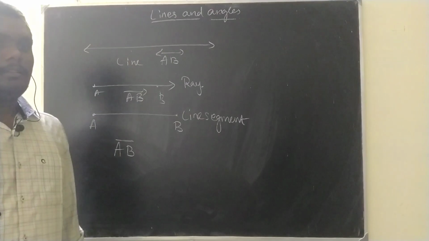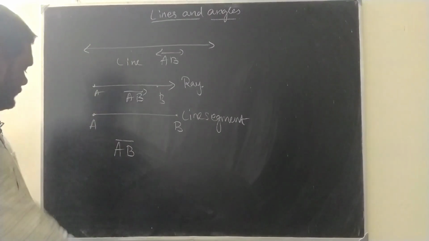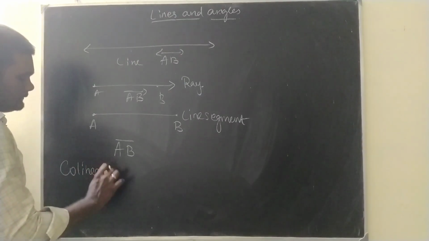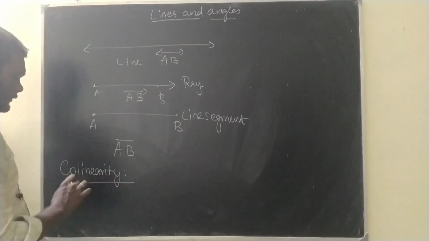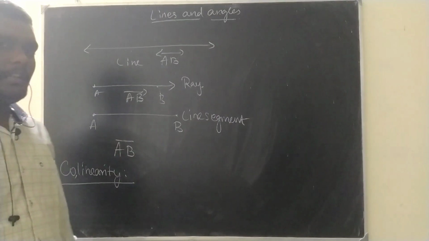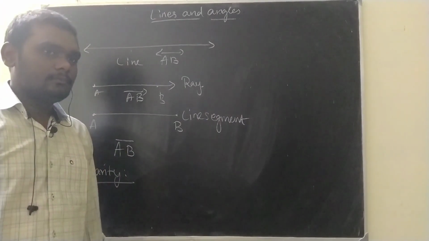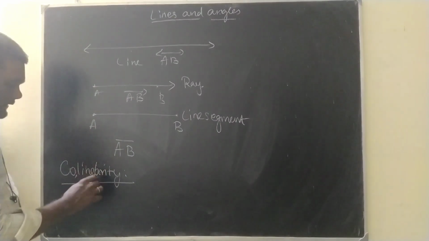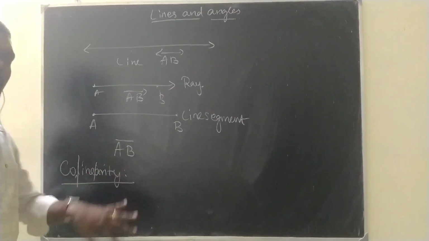Okay. In that, collinearity. What is collinearity? Co means together. Linear, so co-linear means together on a line.